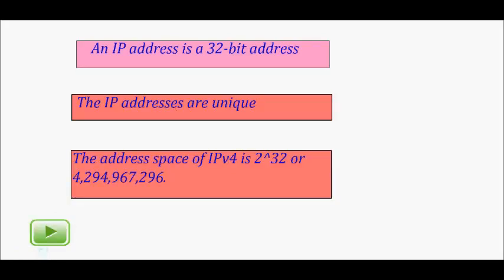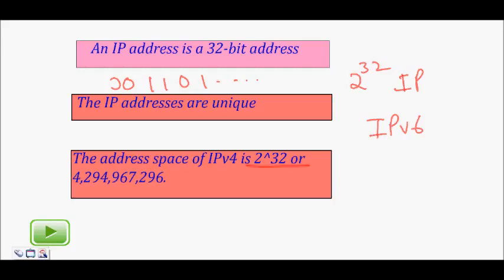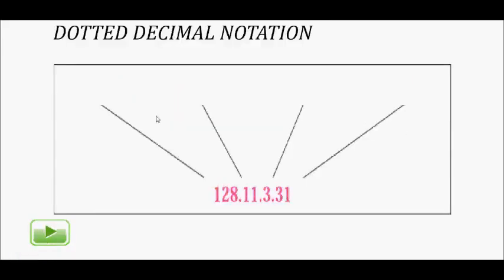With 32 bits, you have bits like 0 and 1 up to 32 positions, so you will have 2 to the power of 32 IP addresses. That is quite large, but because the number of computers is increasing rapidly and exponentially, even this has become too small to represent all the machines uniquely. That's why we now also have IPv6, but for now we will look at IPv4.